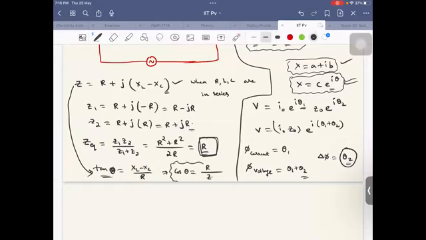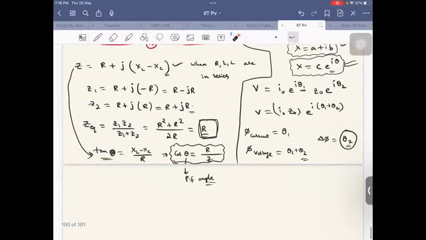So this is what our power factor. Here theta is PF angle, and cos of PF angle is what, sir? Cos of power factor angle is nothing but our power factor, which is simply given as R by Z. So here R and Z both are same, R by R. So cos theta is 1, which means theta equal to 0 degrees.